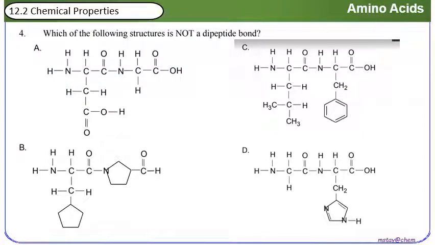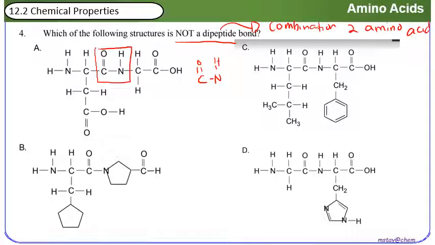Question number 4, which of the following structure is not a dipeptide? So dipeptide basically is a combination of two amino acid. When there is a combination of two amino acid, it will form peptide bond. So the peptide bond means that the structure will have C double bond O and H. For option A, we can see that it's C double bond O and H. Option C also, option D also.